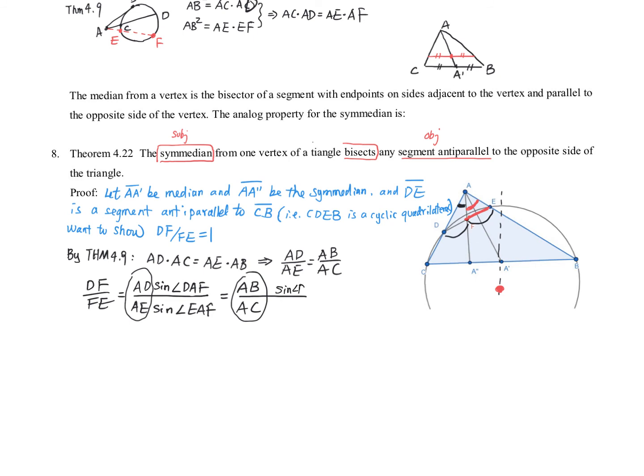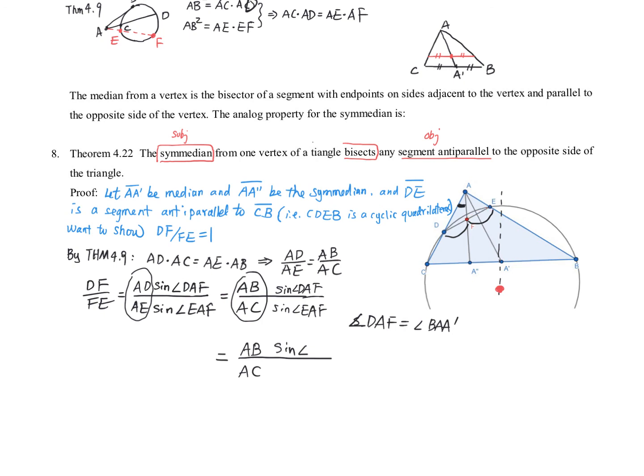Sine of DAF over sine of EAF is equal to AB over AC here, and I'm going to claim that angle DAF is actually equal to angle BAA prime. Let me show you this.